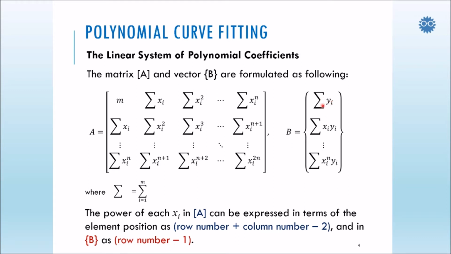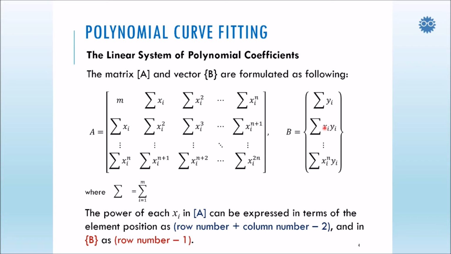So we see here, for example, here we don't have x. Actually, here we have x to the power 0, because the row number is 1. 1 minus 1 is 0. So x to the power 0 is 1. So always we assume that yi here is multiplied by 1. Here we are in the second row, so row number is 2. 2 minus 1 is 1.